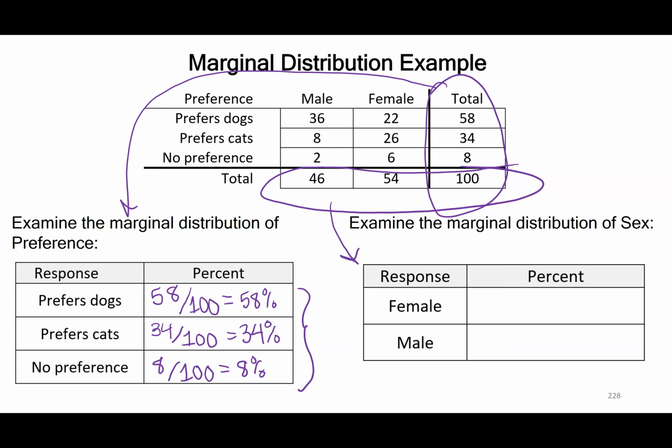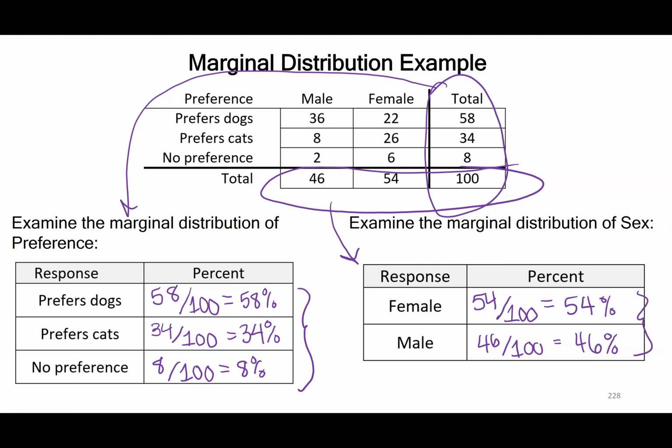So there are 54 individuals out of 100 that are marked as female, so that's 54%. And there are 46 out of 100 that are male, so that's 46%.